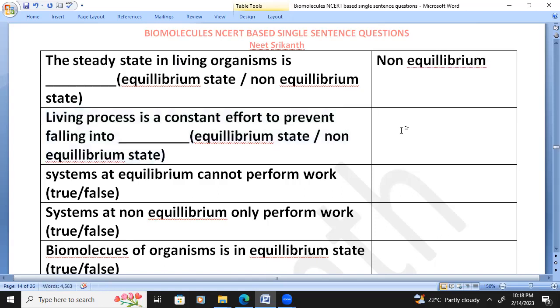Living process is a constant effort to prevent falling into equilibrium. Systems at equilibrium cannot perform work. True. Systems at non-equilibrium only can perform work. True. Biomolecules of an organism are in an equilibrium state. False.